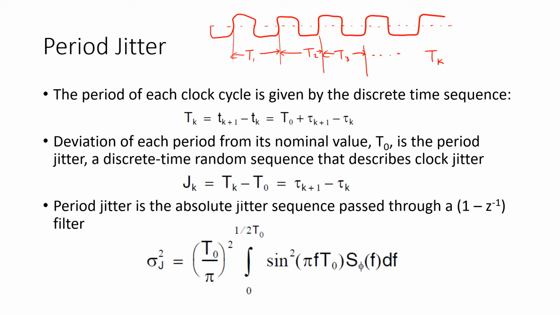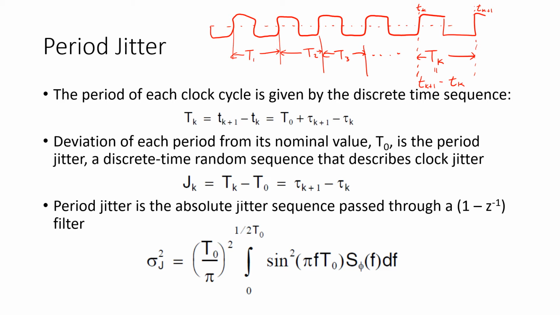we can see that it's related actually to the absolute jitter sequence. So let's call this arbitrary time tk, and this one here is tk plus 1. So clearly, capital TK is just the difference between tk plus 1 and tk.